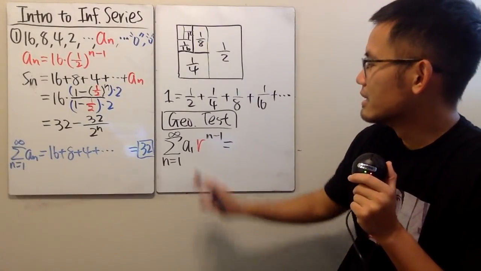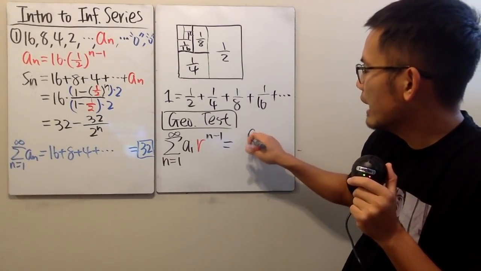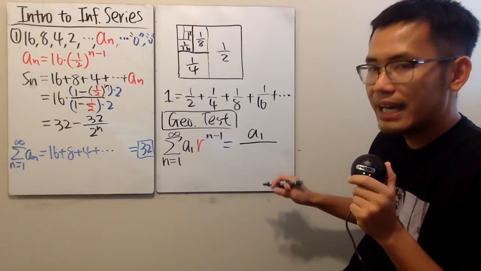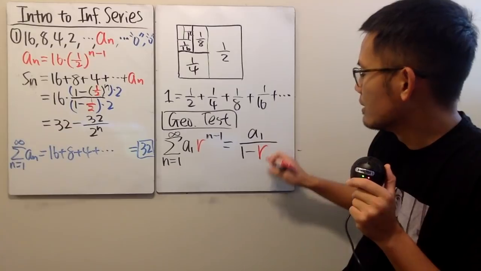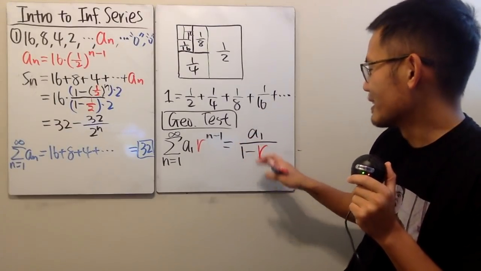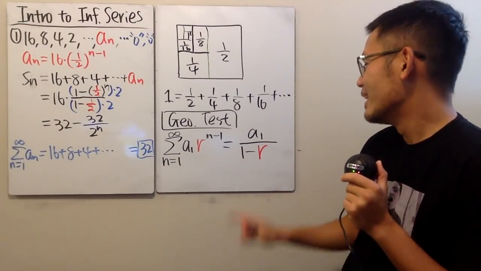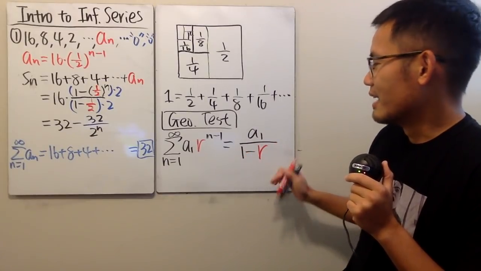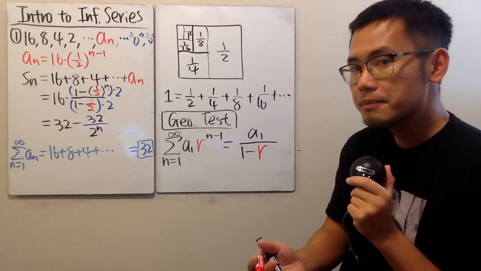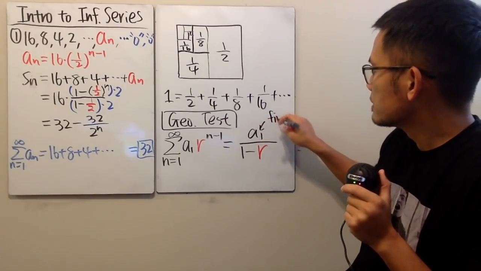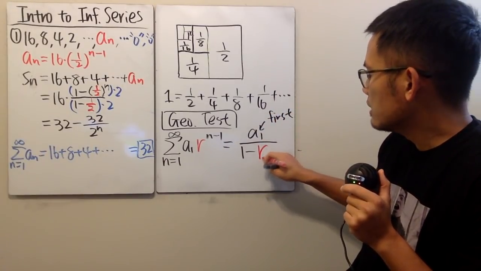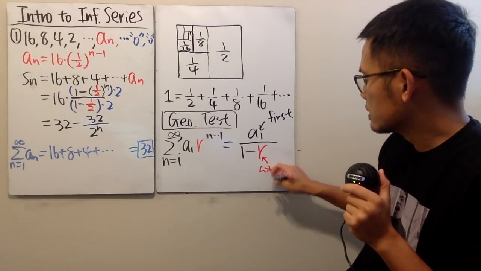The formula is, this is equal to a1 divided by 1 minus r. Right, 1 minus r, just like that, no power. a1 over 1 minus r. And it's actually better if you remember this in words: a1 is the first term, and r is the common ratio, of course.